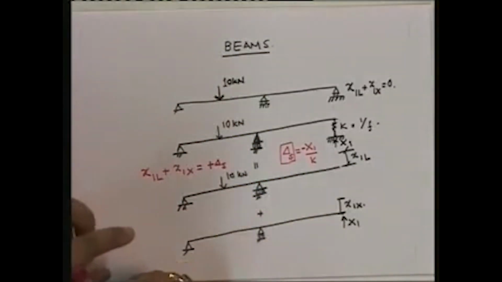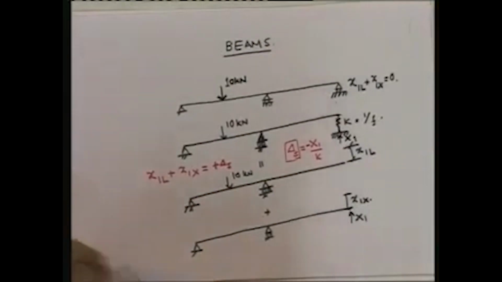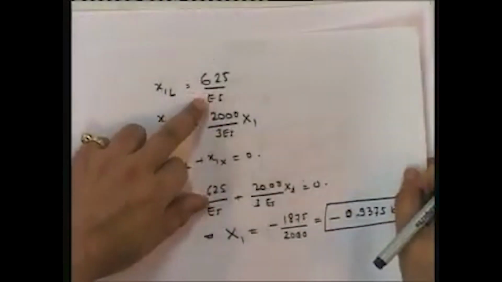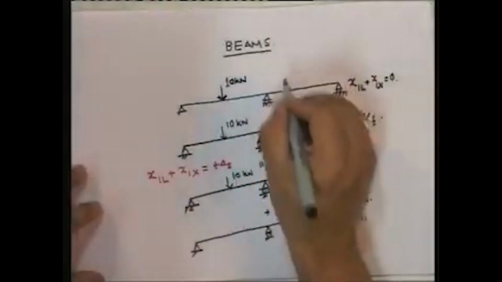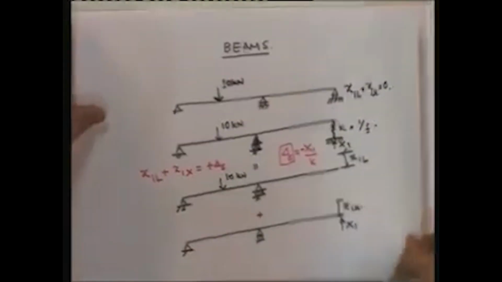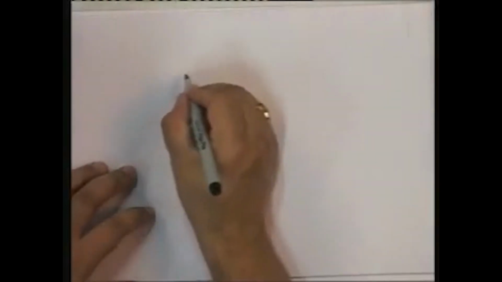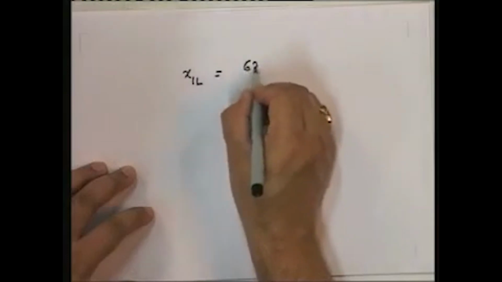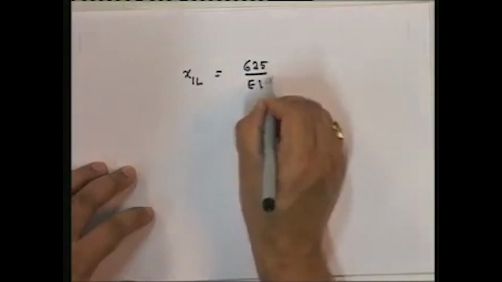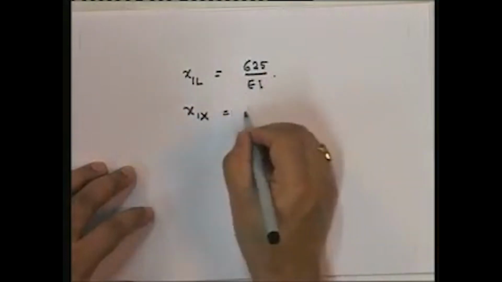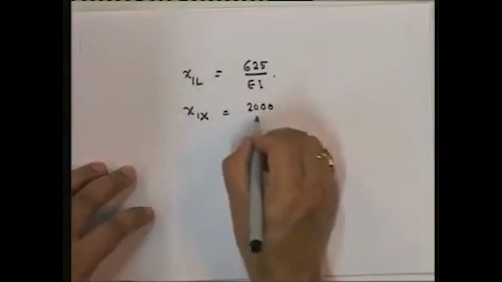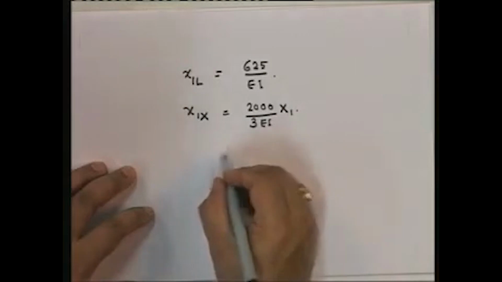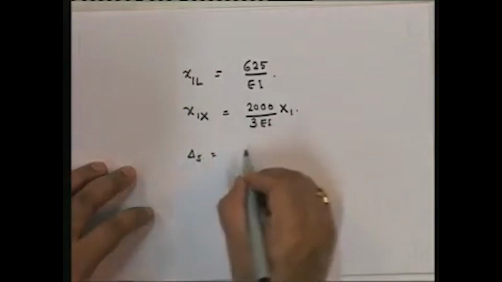If I plug that in, and take the values from the previous case, what was my x1L equal to? 625 upon EI. So x1L was equal to 625 by EI, and x1S was equal to 2000 upon 3 EI into x1. And what is delta S equal to?